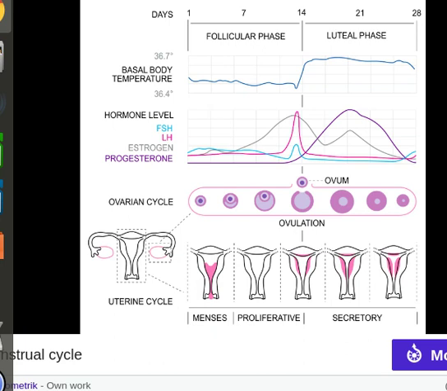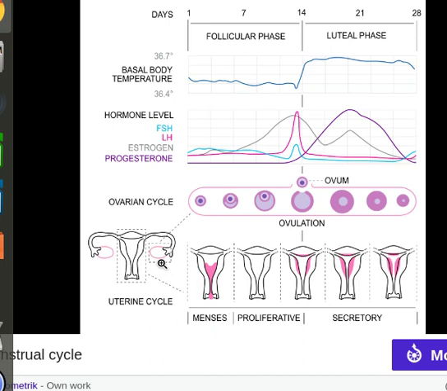Now let's continue to FSH. What does FSH stand for? Follicle stimulating hormone. Very good. And that causes what? It causes the egg to mature. Where? In the ovary. It also stimulates the ovaries to release what hormone?